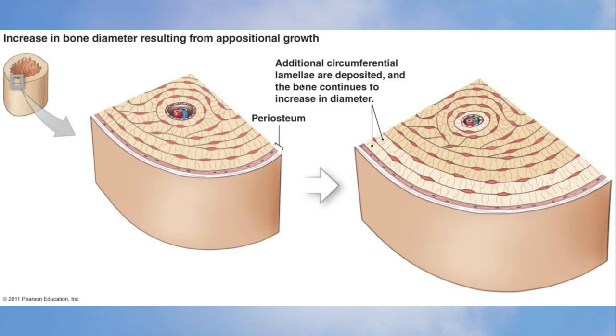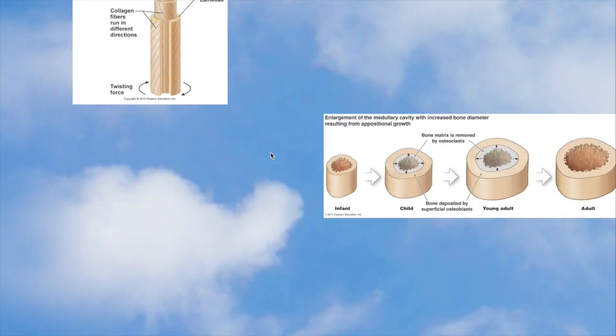In appositional bone growth, layers of compact bone are added to the outer surface of the bone by osteoblasts. If you look closer here, there would be osteoblasts in there. And the osteoclasts break down bone on the inner surface.